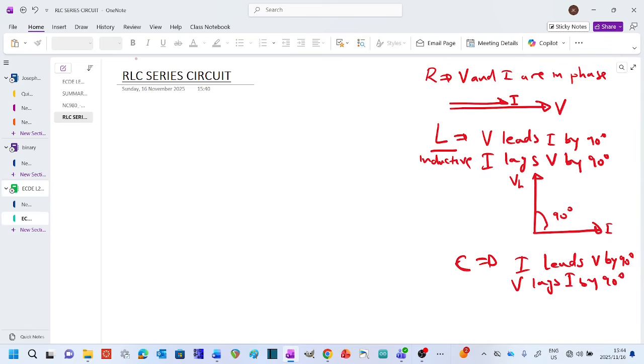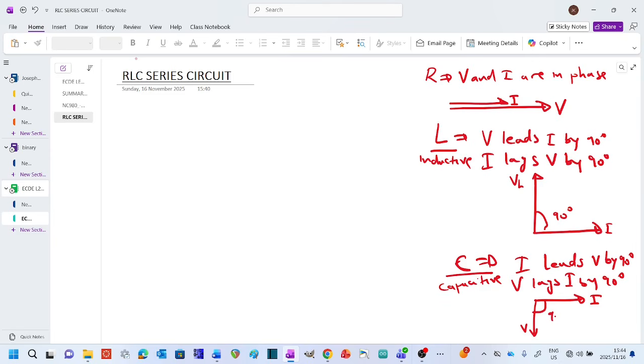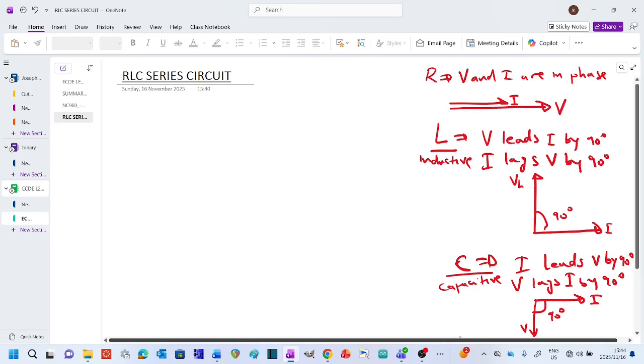So what does this mean? This is capacitive. It means you have the current pointing horizontally to the right, and your voltage pointing downward, 90 degrees there. So that's what we're talking about.